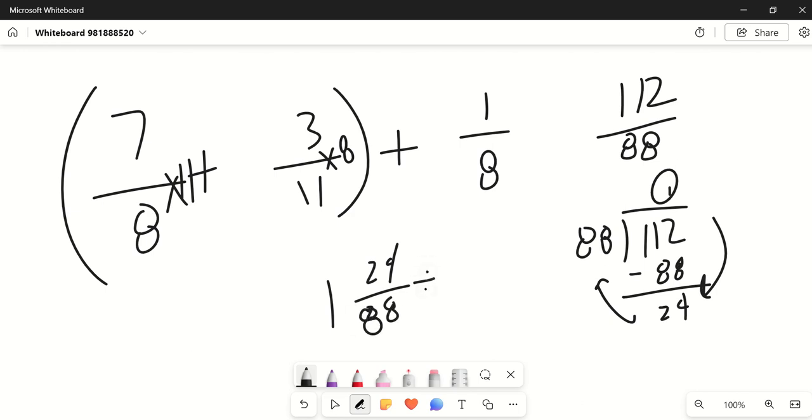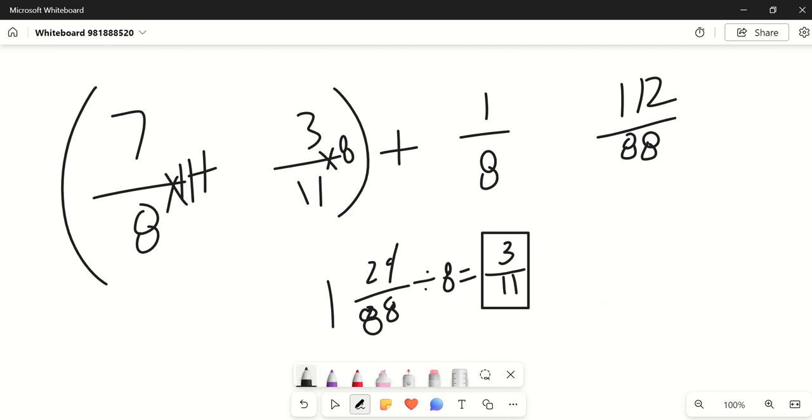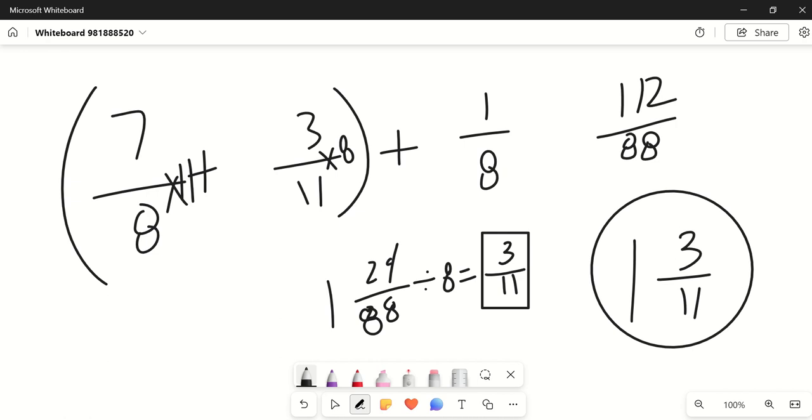Divide them both by 8 this time. That's 3/11. That's what I did wrong. Therefore, it'd be 1 and 3/11. And it's way more of a nightmare.